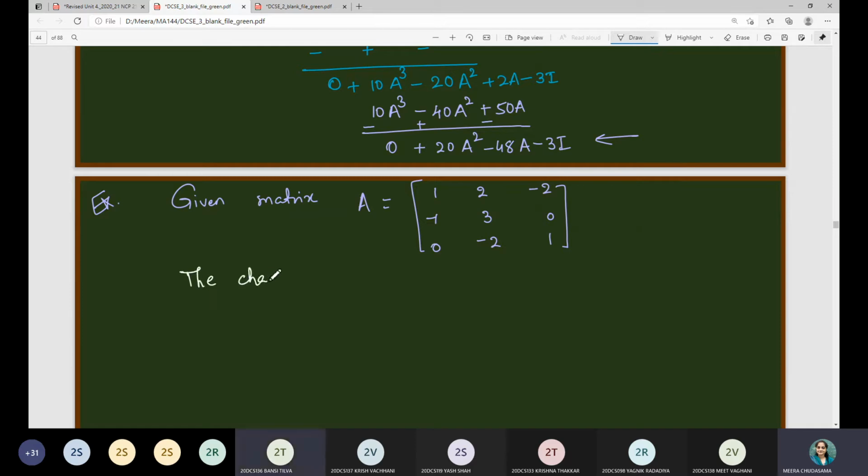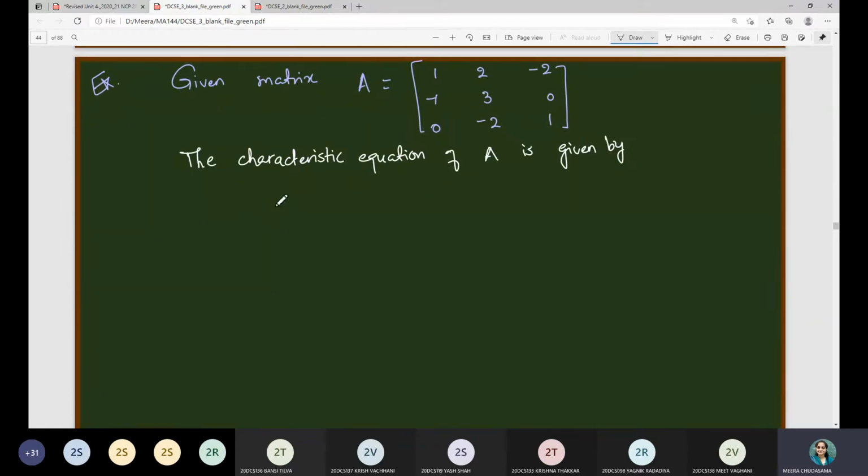Lambda square minus 5 lambda plus 1. It will be lambda cube, not lambda square. What will be the general formula, ma'am, for this one? It will start with lambda cube, minus lambda cube.